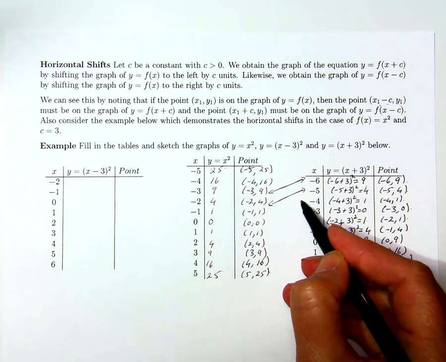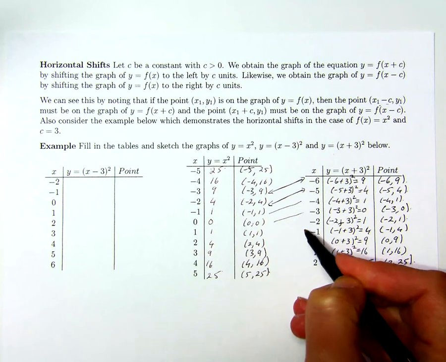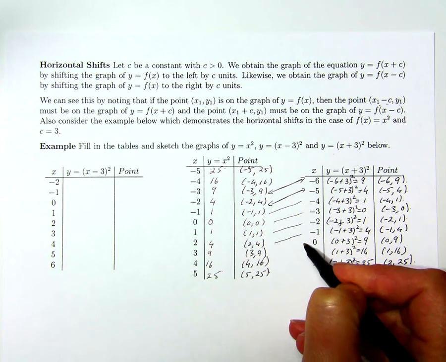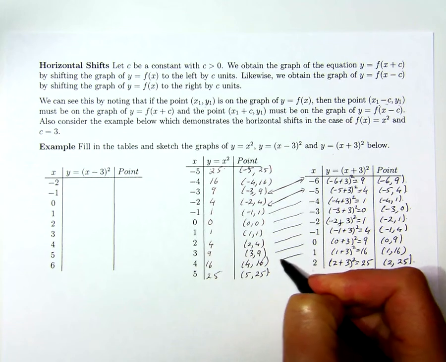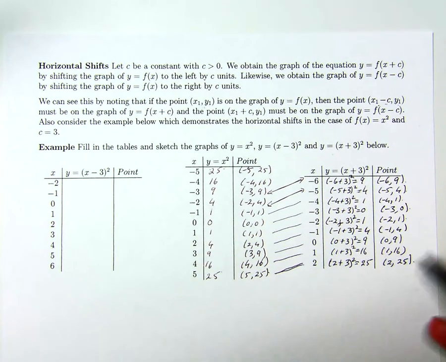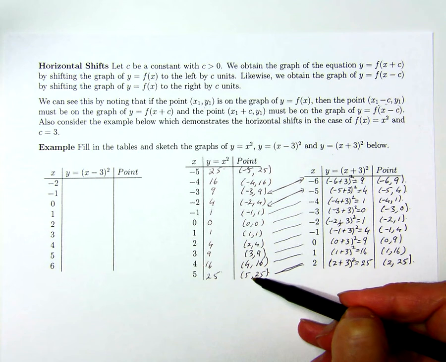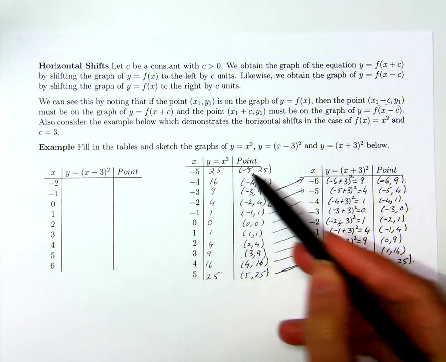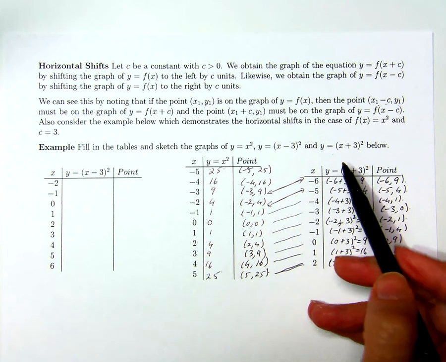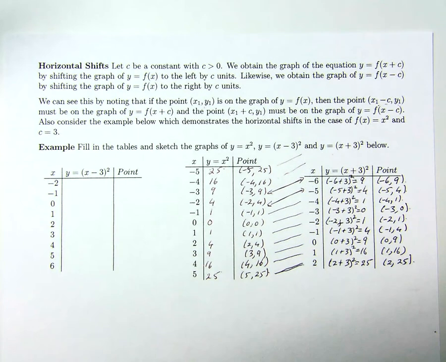And you'll see that all of these points that you get from each of these x values are exactly 3 units to the left of the ones I'm joining to them by these lines. This point 2, 25 is exactly 3 units to the left of the point 5, 25 on the graph of y equals x squared. And obviously there are points corresponding to these two on the graph as well.